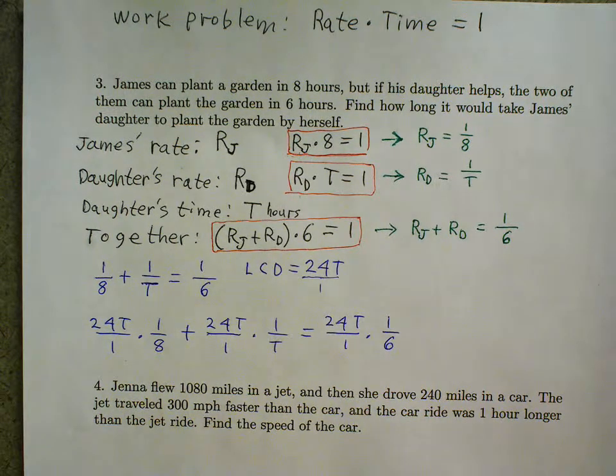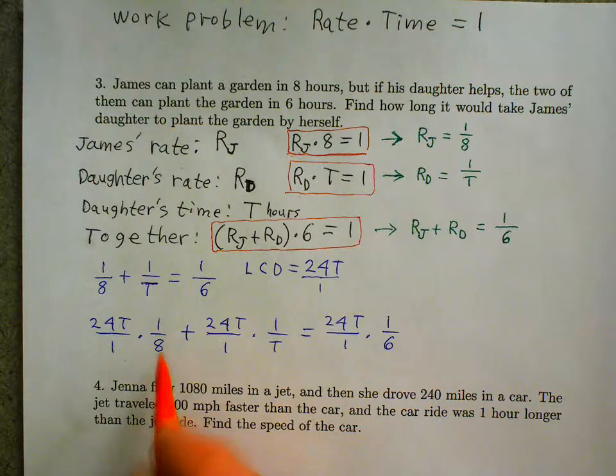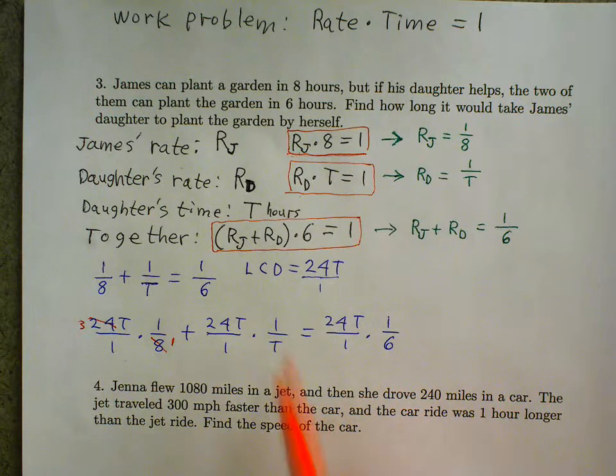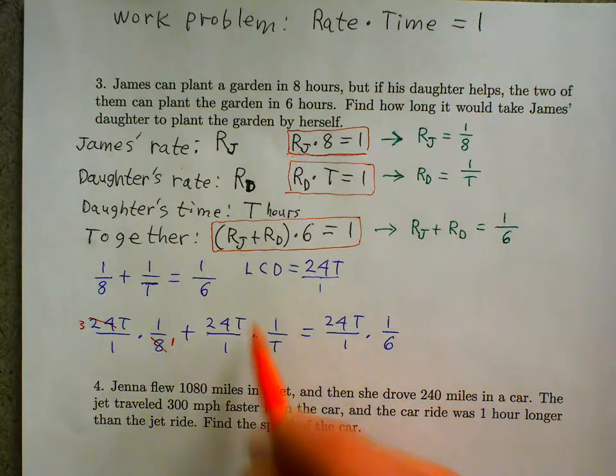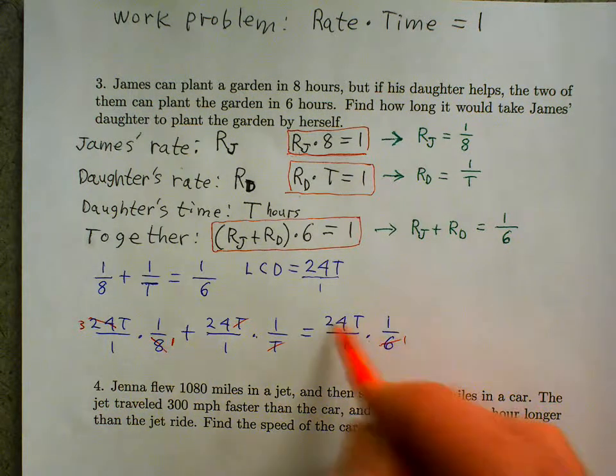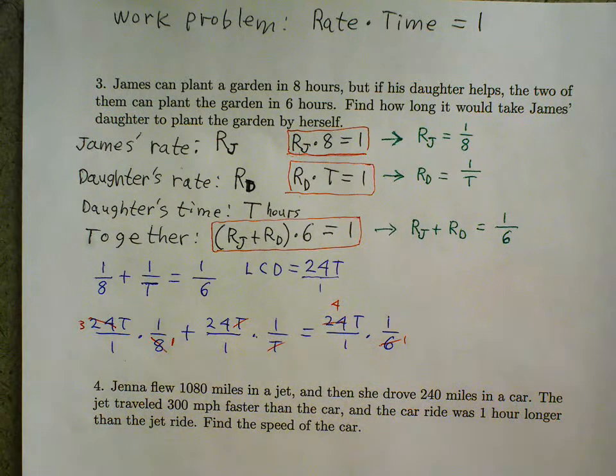Okay, in this first product, we get a cancellation. 8 goes into 8 once and into 24 3 times. In the next product, the t's cancel, t divided by t. And on the right-hand side, 6 goes into 6 once and into 24 4 times.